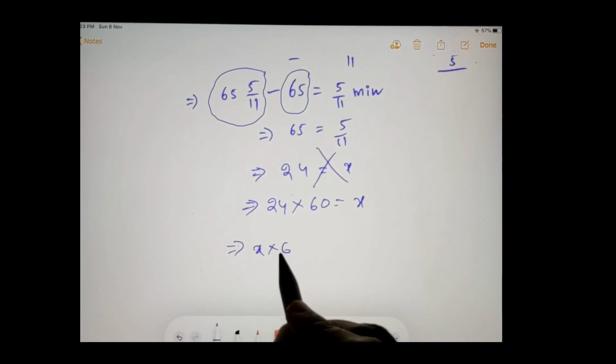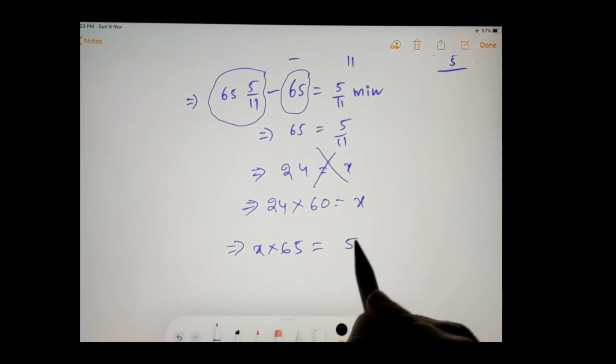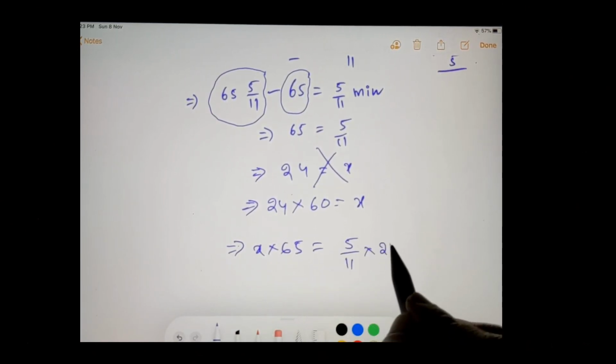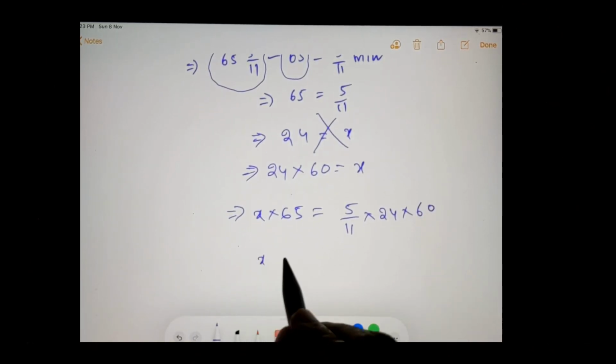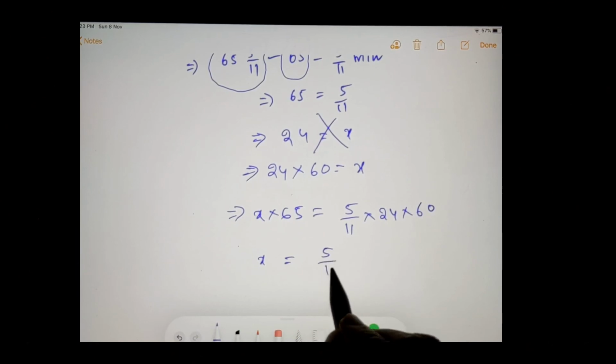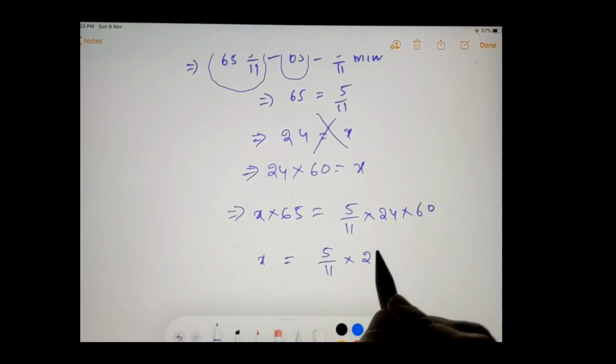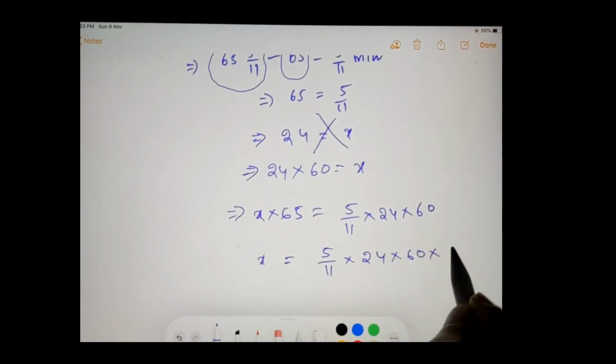x into 65 is equal to 5 by 11 into 24 into 60. x is equal to 5 by 11 into 24 into 60 into 1 by 65.